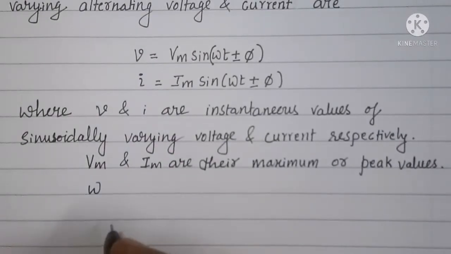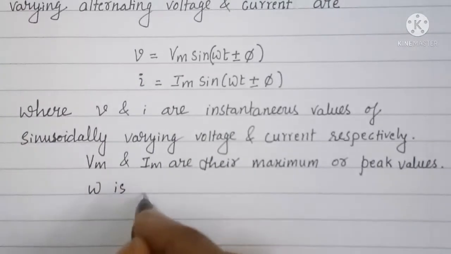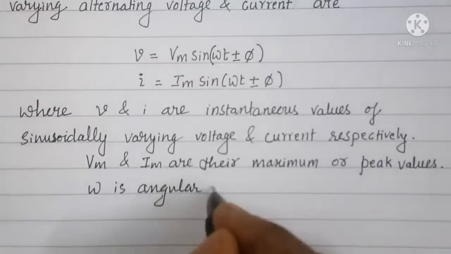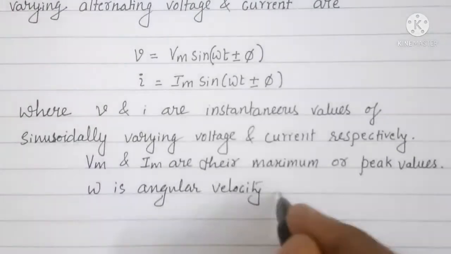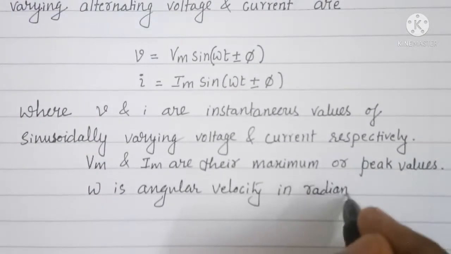Omega is angular velocity in radians per second.